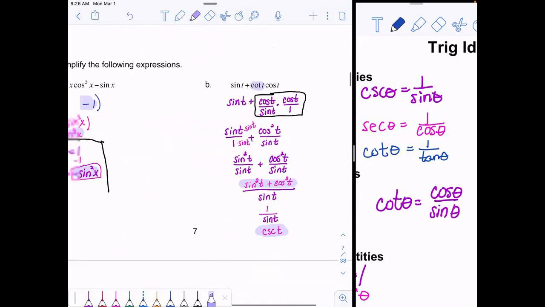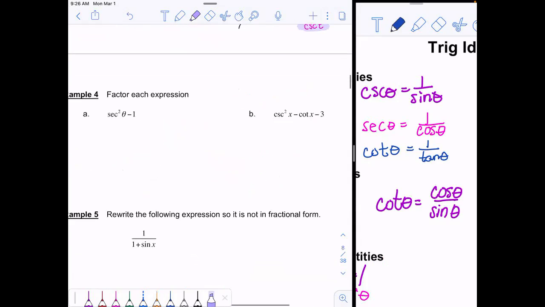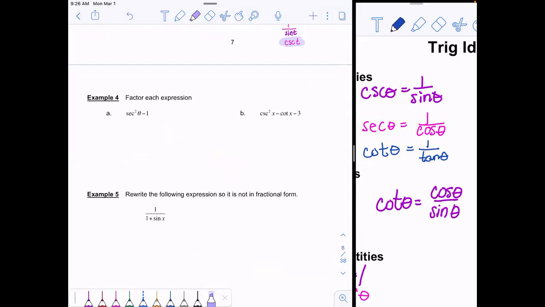So I would like you to go to the top of the next page. It says to factor, and we did this on Friday. See if you can factor this expression. So 2 of them here. Try and factor those 2 expressions.